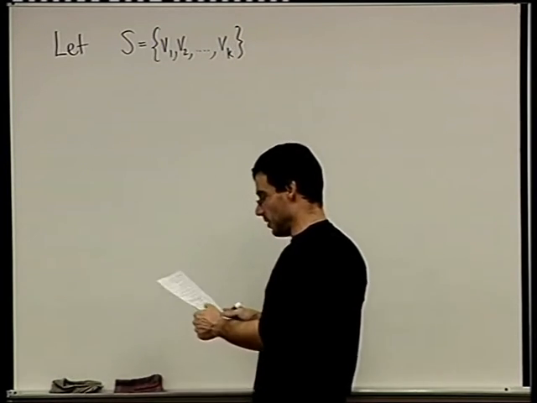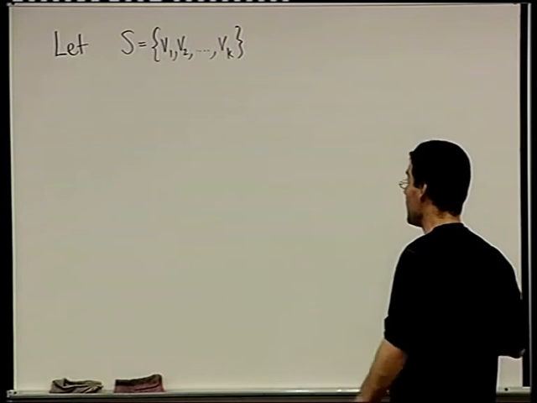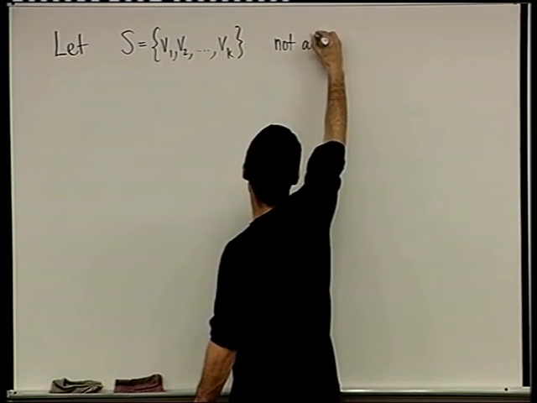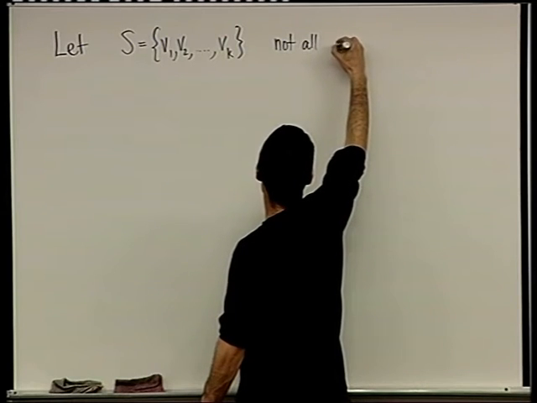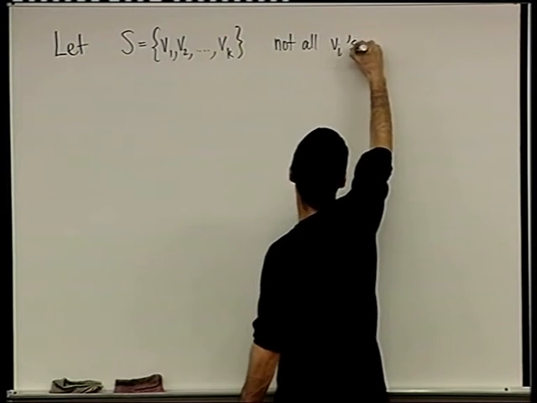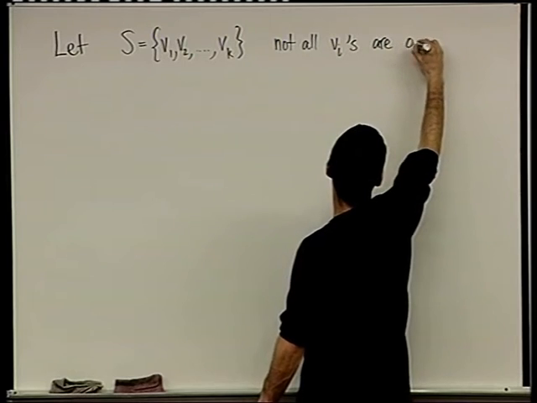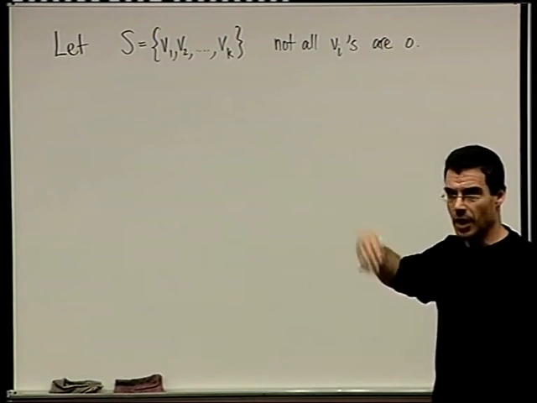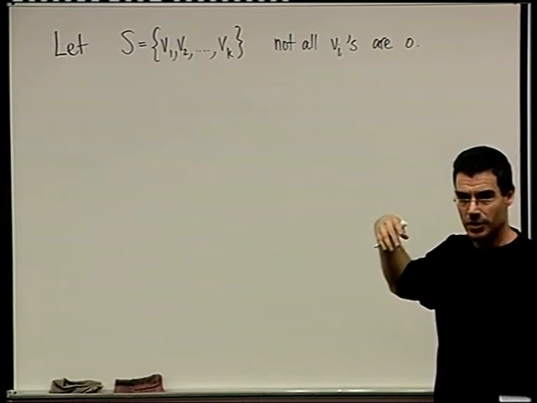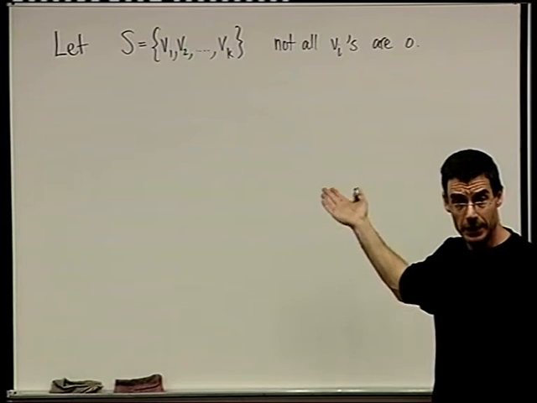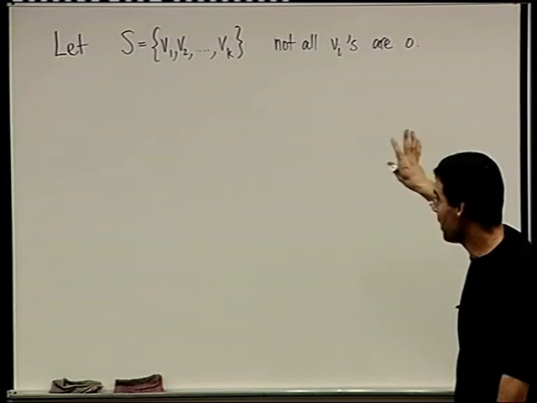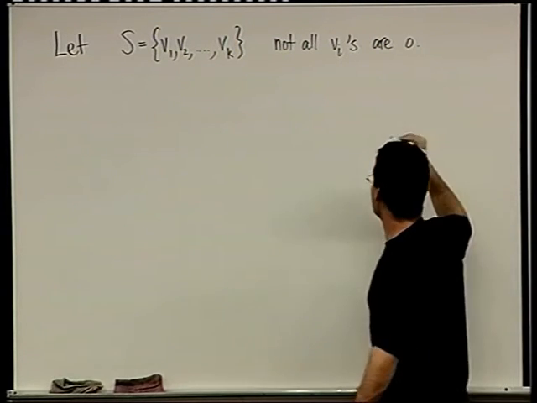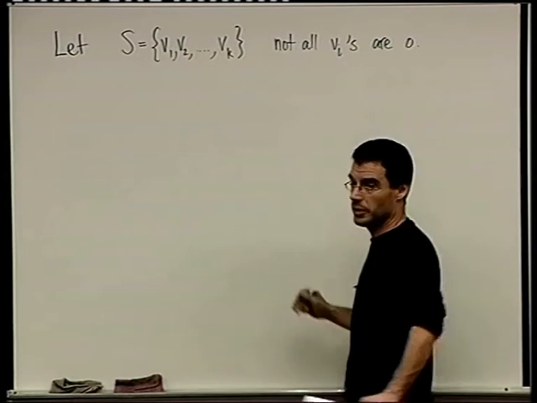So this is a set of vectors. And let's assume that not all Vi's are 0. If all the Vi's are 0, then obviously it's a dependent set and there's not much to say about it. It's boring. Do you agree? So assume we have a set of vectors where they're not all zeros. And in particular, we could assume that V1 is not 0.